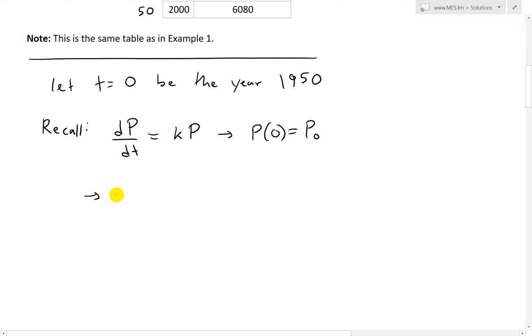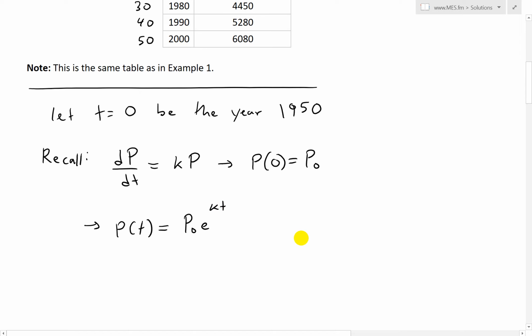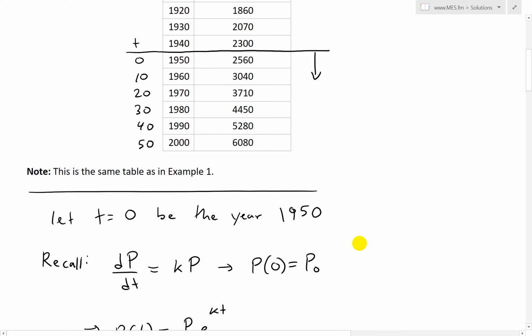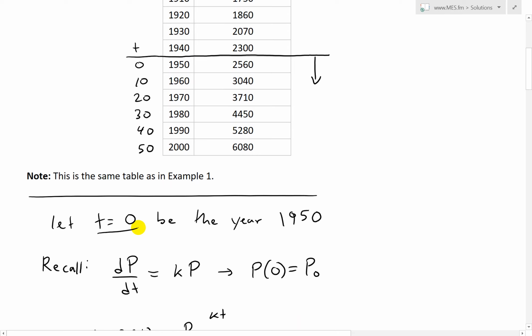Then the solution of this differential equation is P(t) equals P0 e^(kt). Make sure to watch my earlier videos to get a better idea of this and the proof for it.